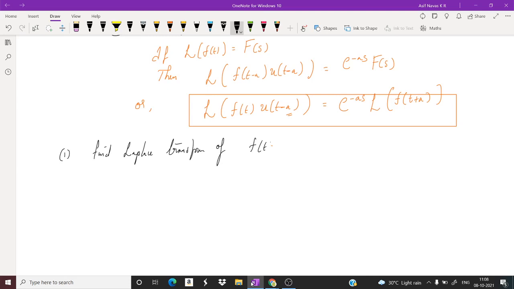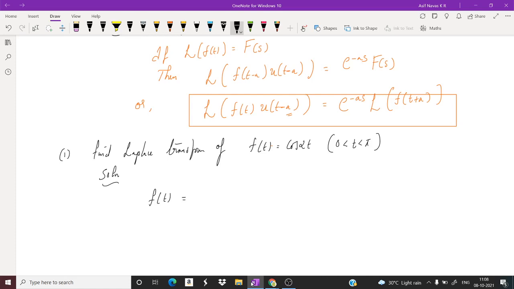f of t is equal to cos 2t defined on the interval 0 less than t less than pi. So here our function is defined on the interval 0 to pi. In order to find the Laplace transform of such a function, we will write it in terms of the unit step function. We are given f of t is cos 2t when t is between 0 and pi, and 0 everywhere else.